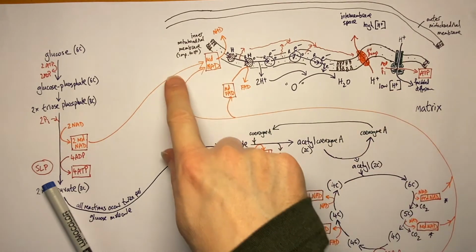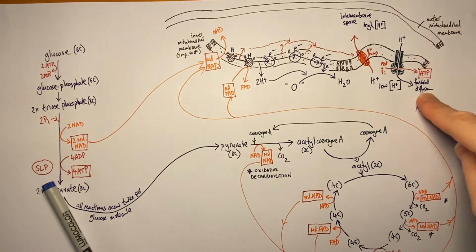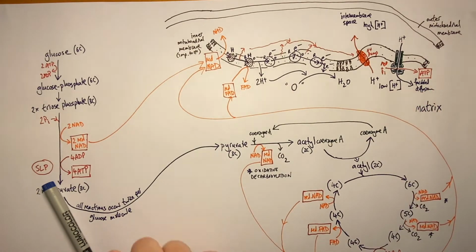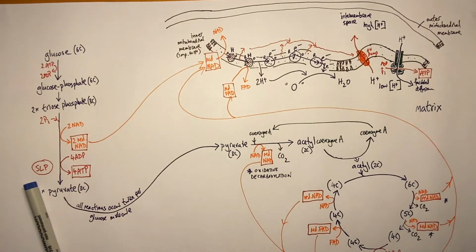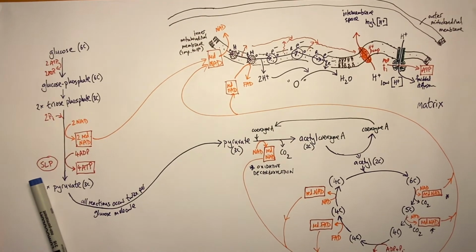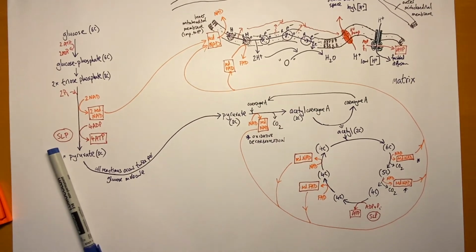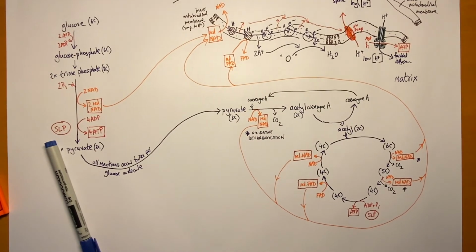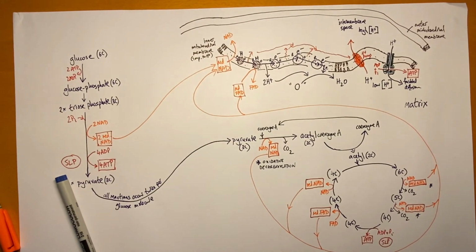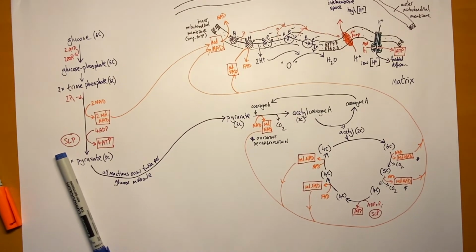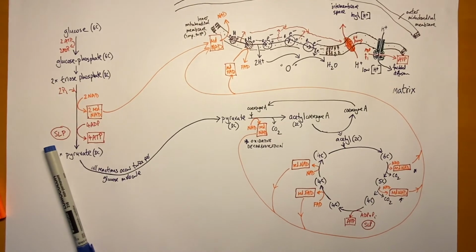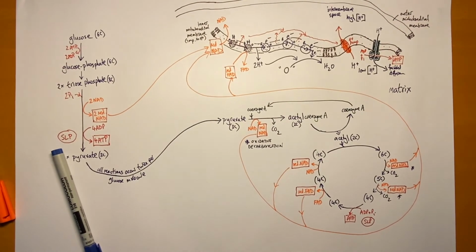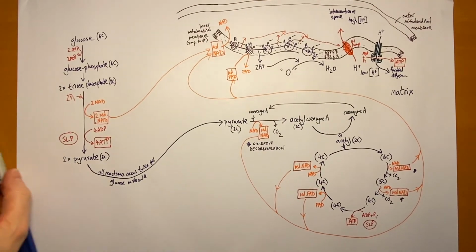So we've got the matrix here, we've got the outer and the inner mitochondrial membranes. So if I just raise my camera a little bit, instead of trying to be very sleek with my descriptions and nice and tidy, I'm just going to do it so it's more useful to you.